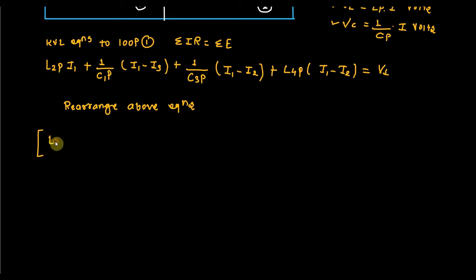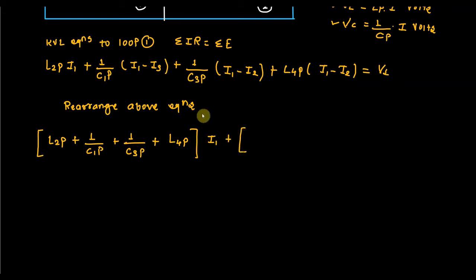It is L2P plus 1 upon C1P plus 1 upon C3P plus L4P. Right? So this is the I1 coefficient.